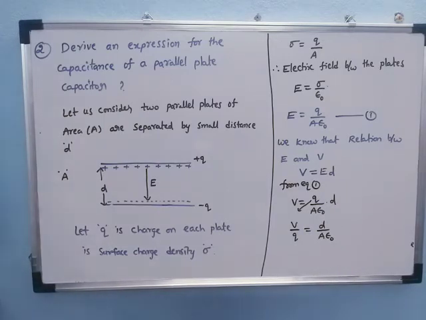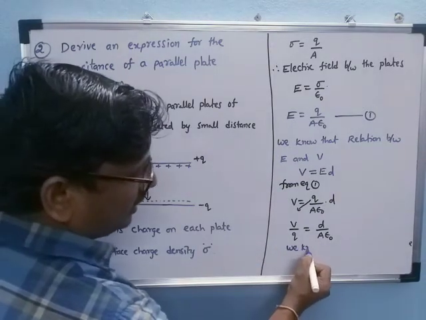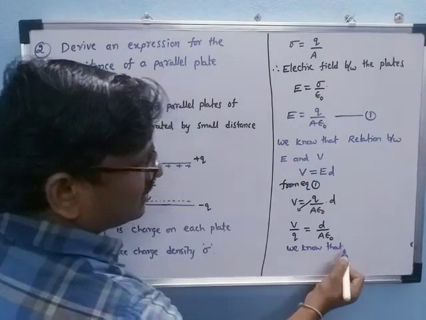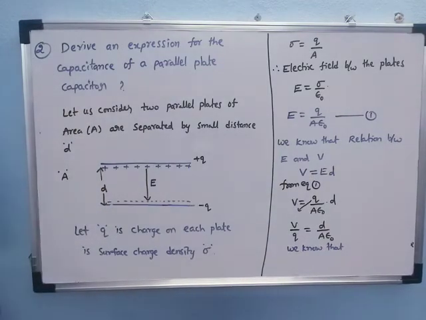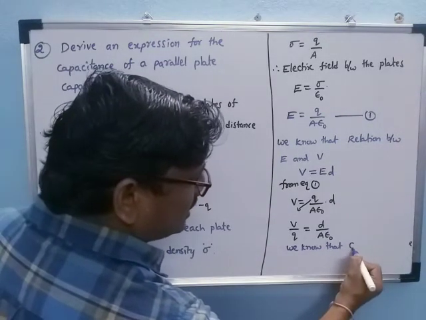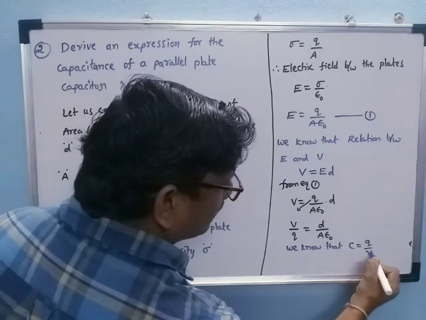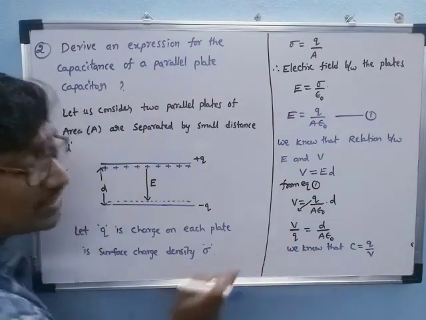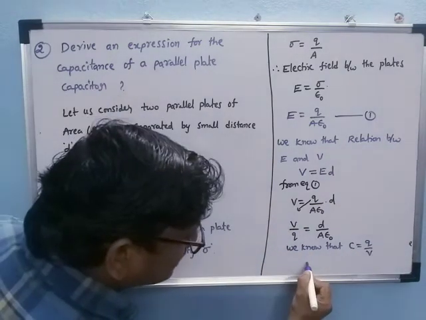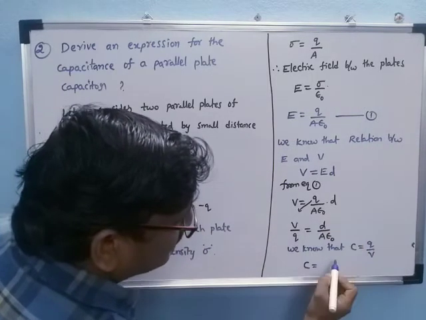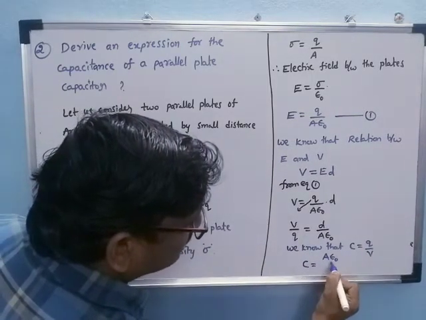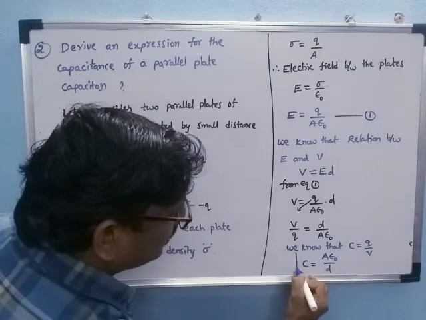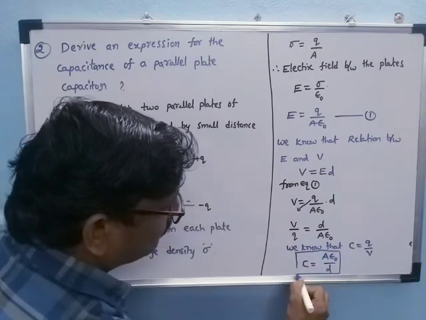We know that the capacitance of a capacitor is C equal to Q by V. Here we have V by Q, so the numerator and denominator are interchanged. Then the capacitance C is equal to A epsilon naught by d.